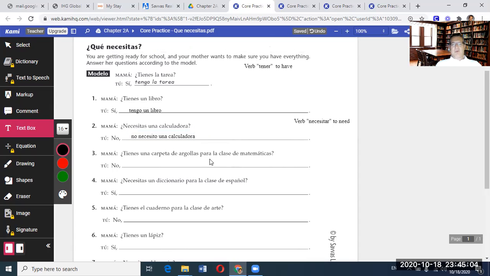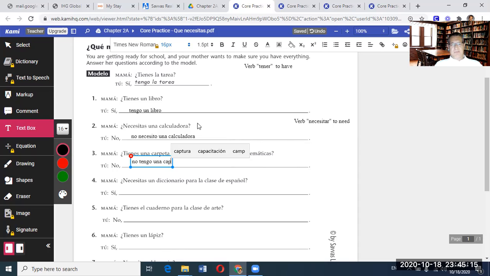¿Tienes una carpeta de argollas para la clase de matemáticas? Do you have a ring binder for math class? No. No tengo una carpeta de argollas para la clase de matemáticas. ¿Necesitas un diccionario para la clase de español?